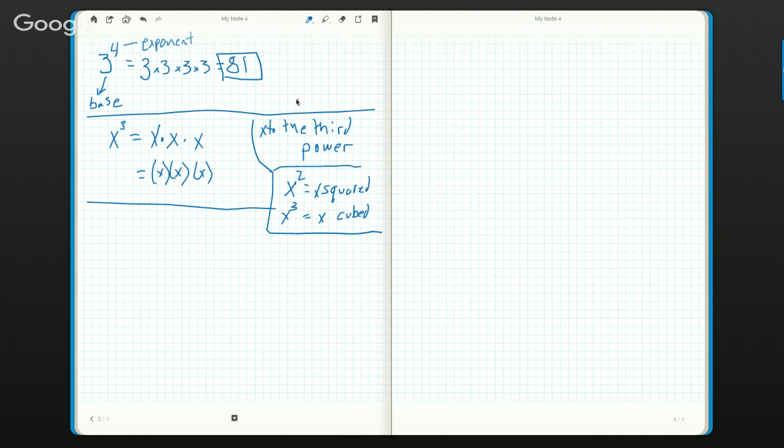Okay, now let's get into the power, or sorry, not the power rule, the product rule. So this is called the product rule. Let me just switch colors so we know that we're going to a new section, the product rule. And we're not going to actually give you the rule right off the bat.